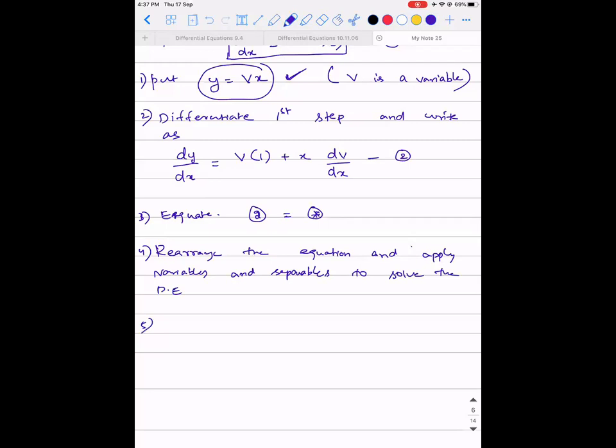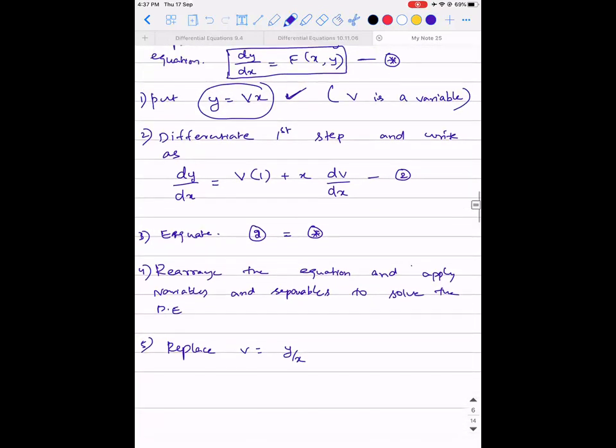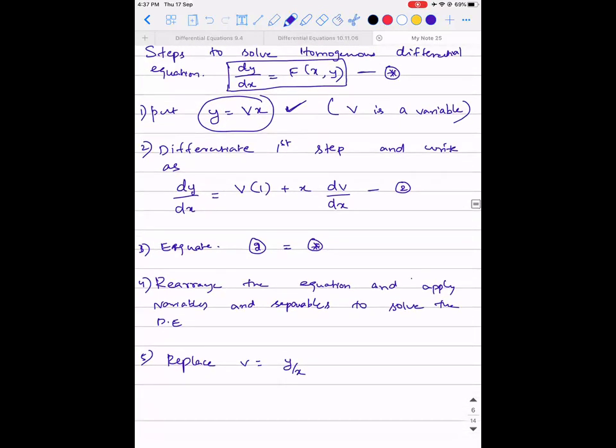Fifth step is, replace v with y by x. So make a note of it. So these are the common steps to be followed when you're trying to solve a homogeneous differential equation.